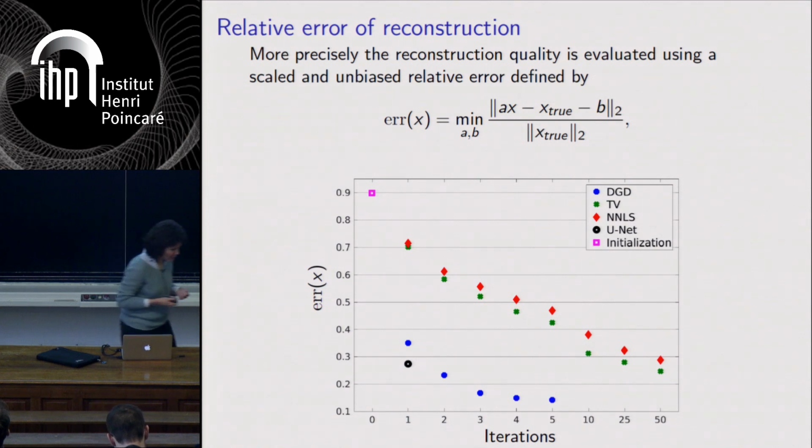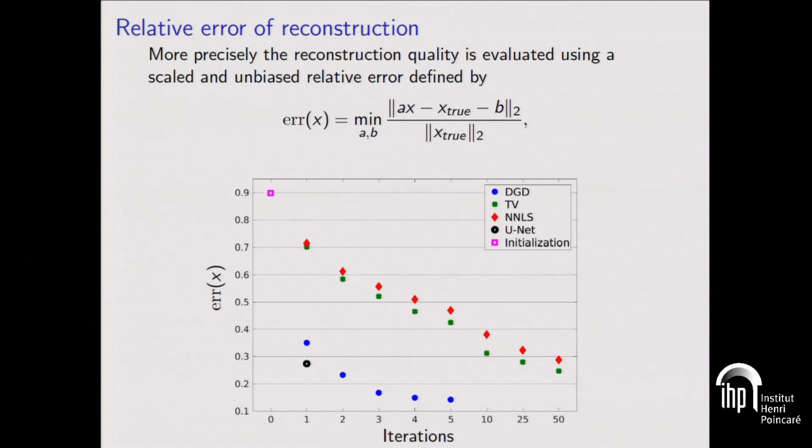The same is shown here on the error plot, taking some samples that were not in the training set. You can see this is our initialization point, and this is where the UNet gets. Of course, UNet is inherently one iteration, so that's why it sits here.